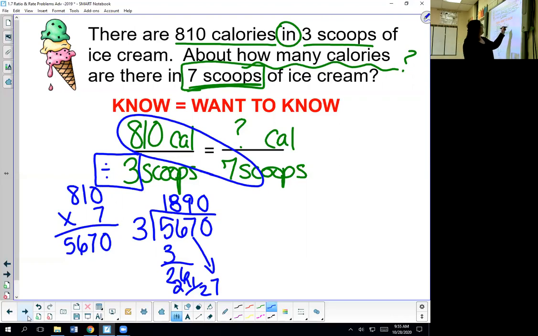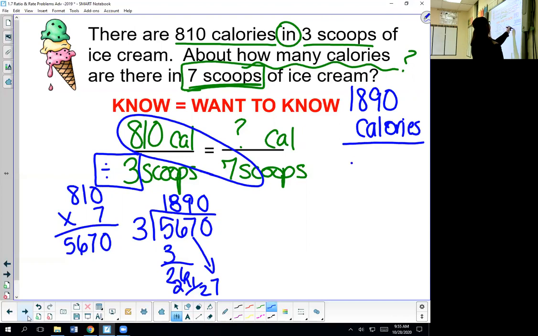So I got as my answer, oh my God, that's almost all the calories for the day. 1,890 calories in 7 scoops of ice cream.